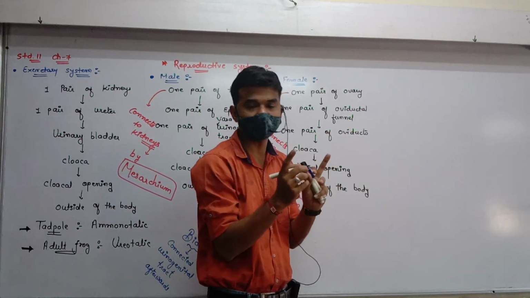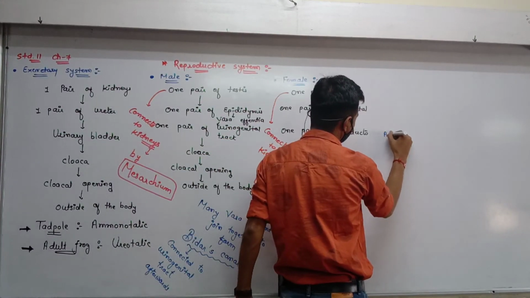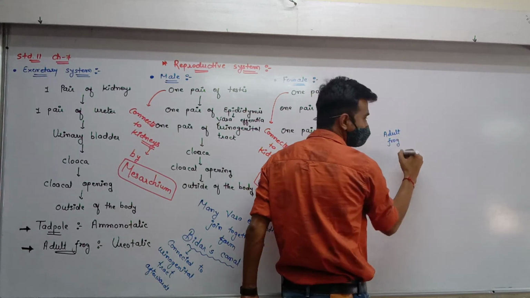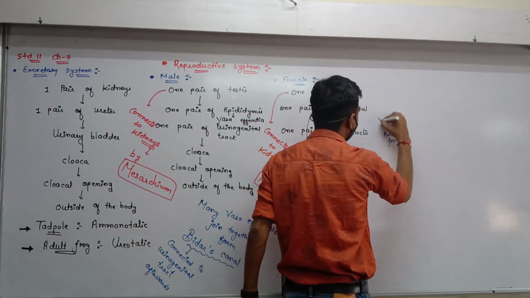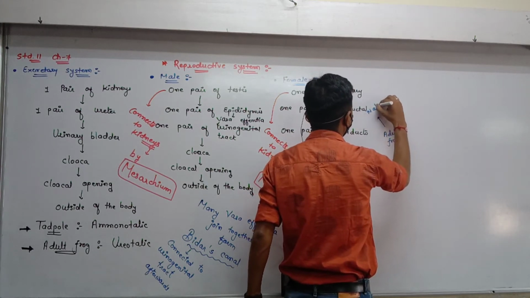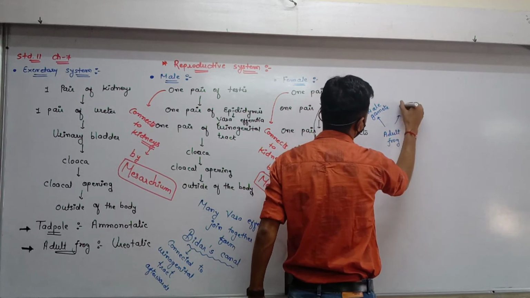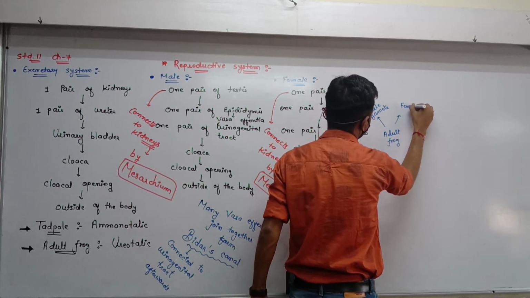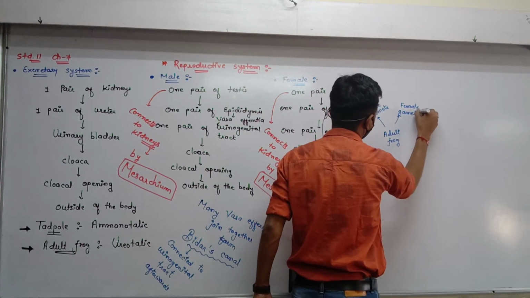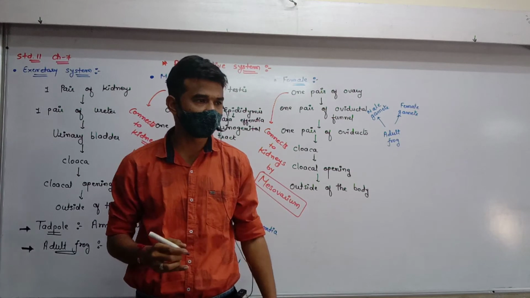See what I can write here. Adult frog. Adult frog produces the male gamete and female gamete, right? Understand? That is sperm and ovum.